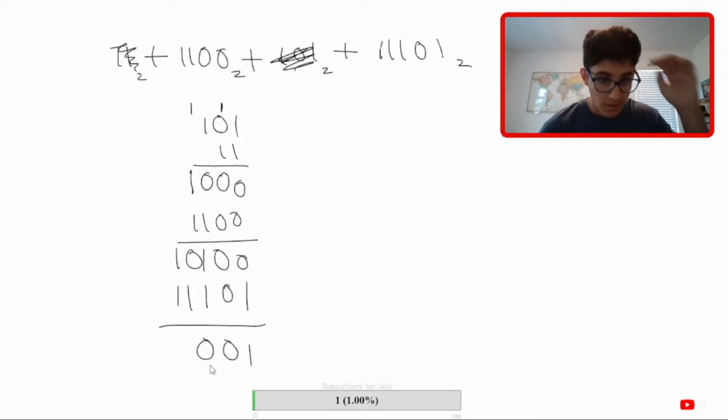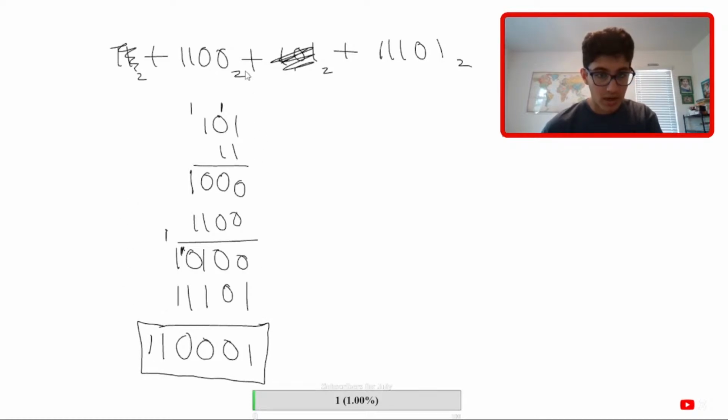Okay, careful now. So this becomes a 1, this becomes a 0, this becomes a 0 carrying over a 1 here. So this also becomes a 0 carrying over another 1 here. And now this is 3. So to make it 3, we just put 1, 1. So this is our answer now. And we got all of them.